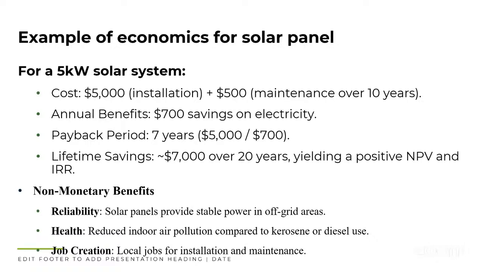If you take a solar system of 1 or 5 kilowatts, the cost is approximately $5,000 during installation. And then you probably have to spend $500 for over 10 years. So if you look at it in terms of annual benefit compared to other systems, then you have around $700 saving on electricity.